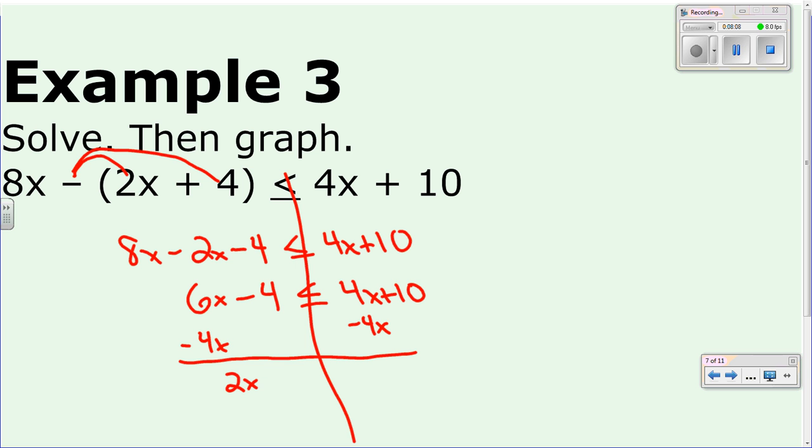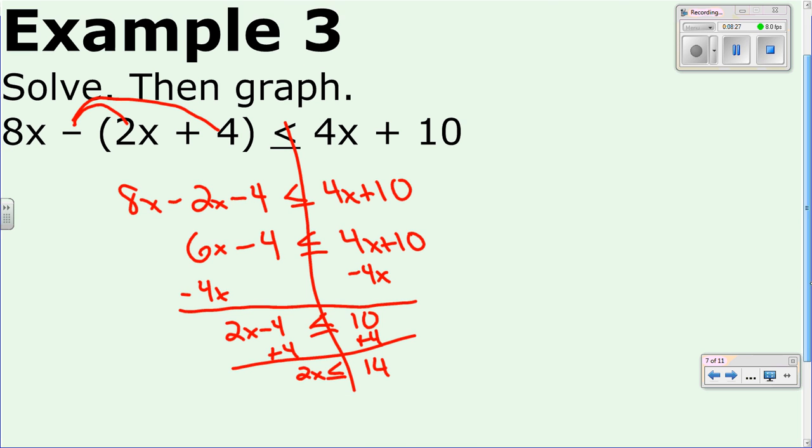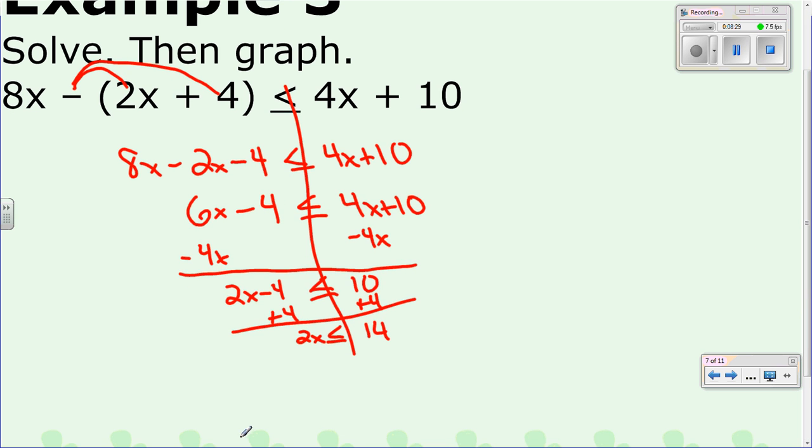That gives 2x minus 4 is less than or equal to 10. Add 4 to both sides. You get 2x is less than or equal to 14. Divide by 2, x is less than or equal to 7.